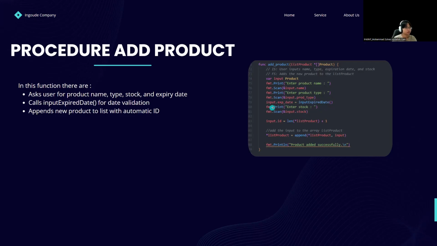Then we print enter stock, and it scans input dot stock. For the input ID, it's equal to the length of the list product plus one, because in Golang, arrays start from 0, so we add one to make it simpler and cleaner. Then we add the input to the product list: pointer list product equals append pointer list product, comma, input. And then we print when it's successful, which is product added successfully.